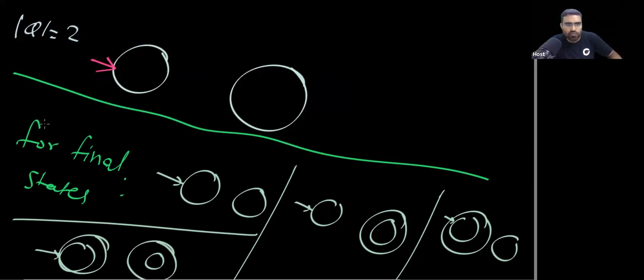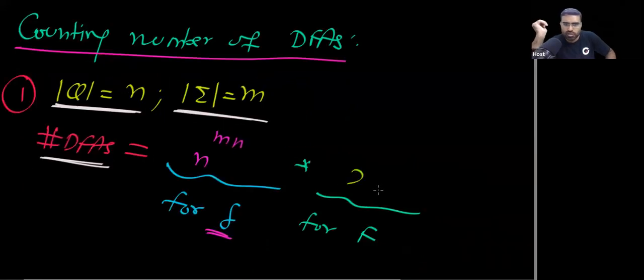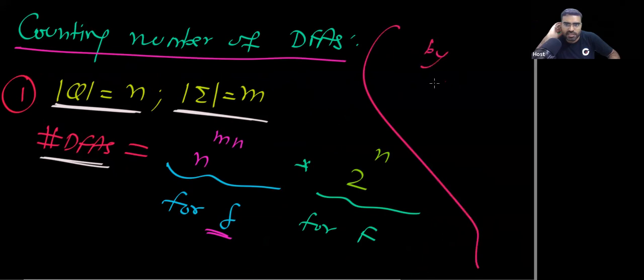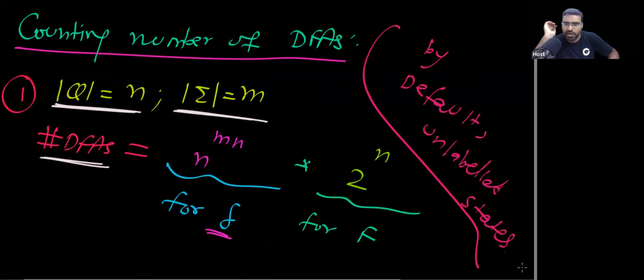That is the reason it will be 2 power n. Yes or no? And you know that by default, this is your default case: unlabeled states. So this is your answer. Please tell me, did you understand? So this is counting the number of DFAs. Okay? Clear?